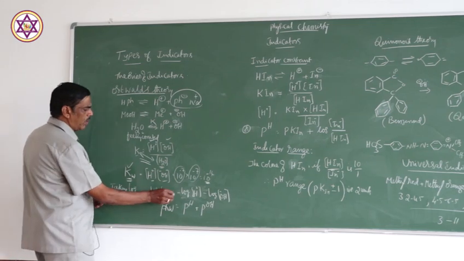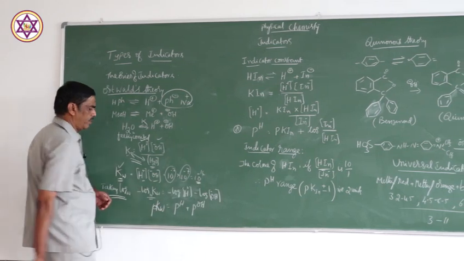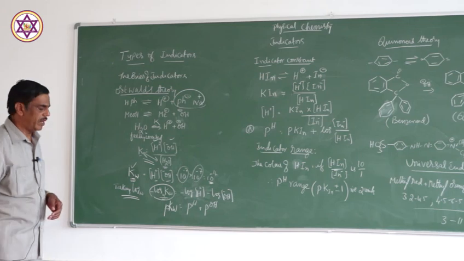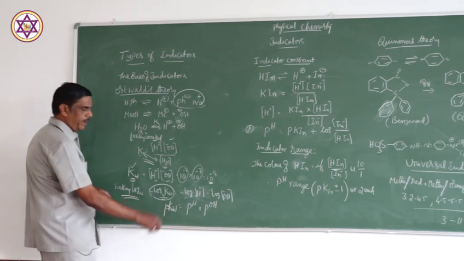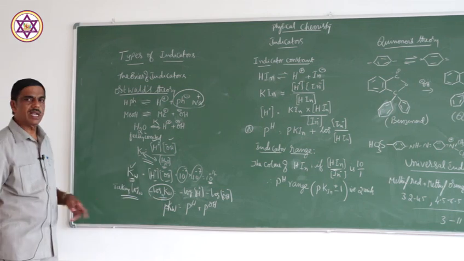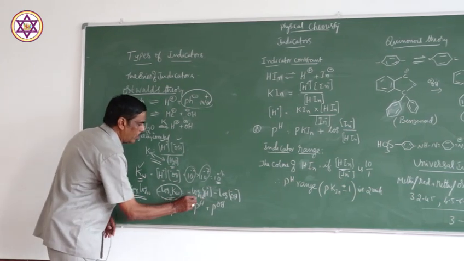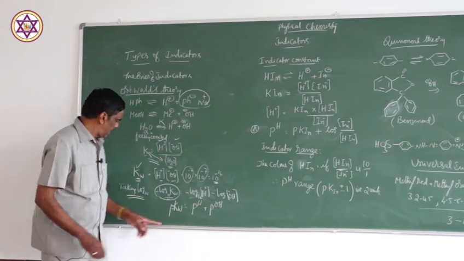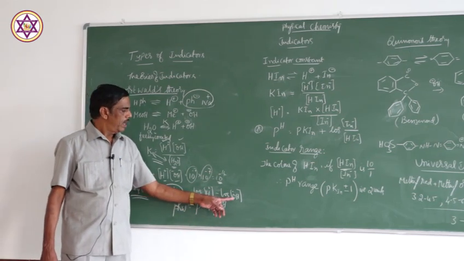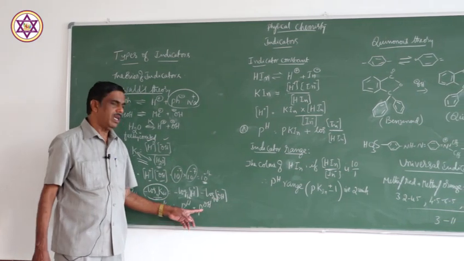Therefore, minus log Kw is equal to minus log of H plus ion concentration minus log of OH minus ion concentration. This minus logarithm of a constant is represented by p, so minus logarithm of Kw is pKw. Minus logarithm of H plus ion concentration to the base 10 is pH, and similarly minus logarithm of OH minus concentration to the base 10 is pOH.